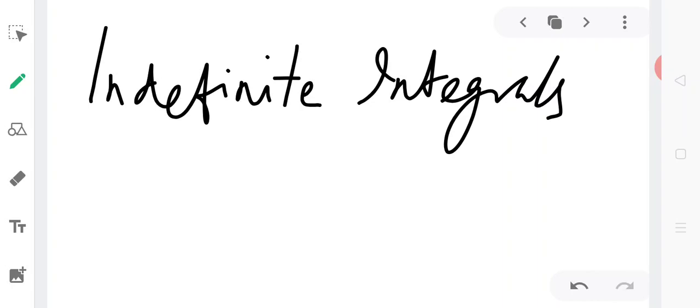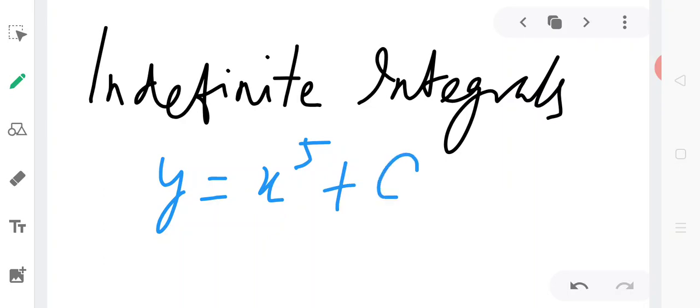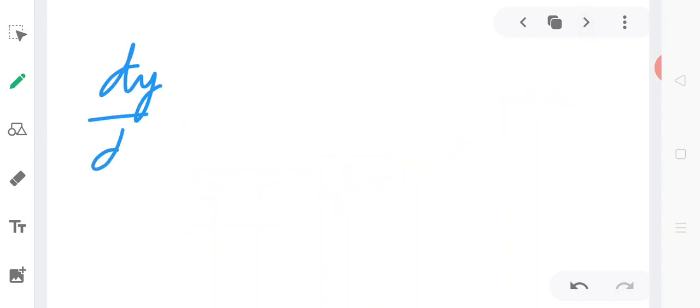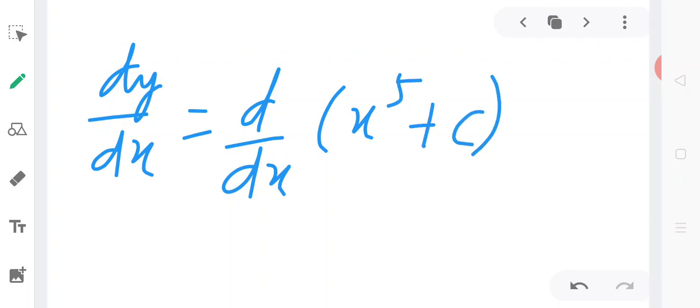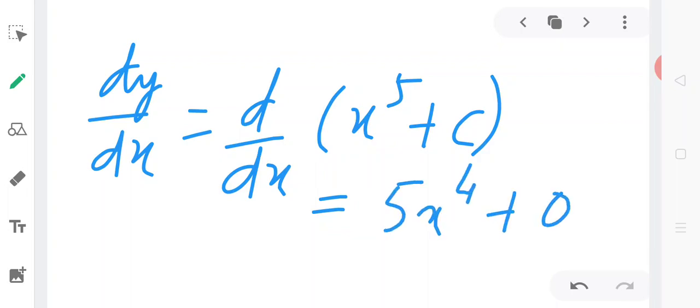Indefinite integrals. If a function of x is given by y equal to x to the power 5 plus c, where c is a constant of integration, then dy by dx will be equal to, when we differentiate this, 5x to the power 4.